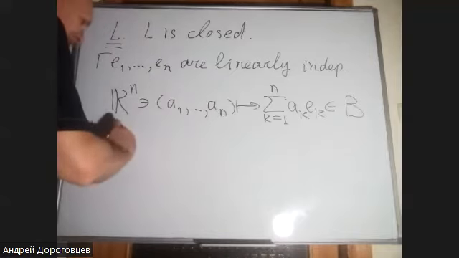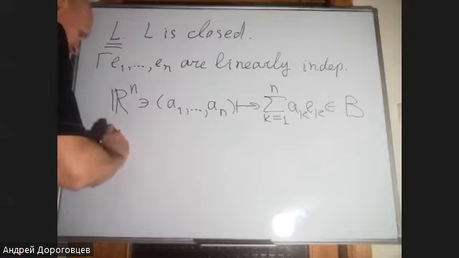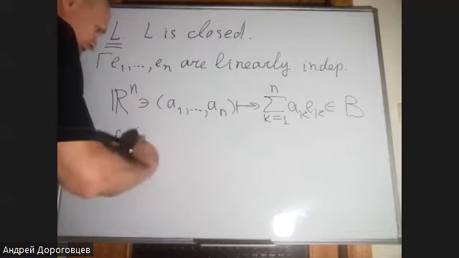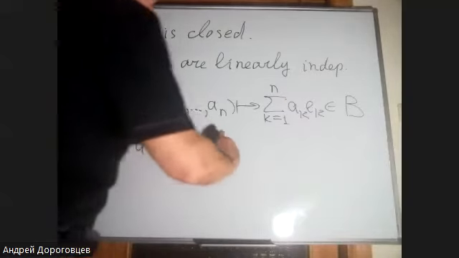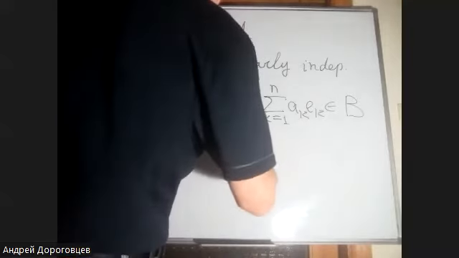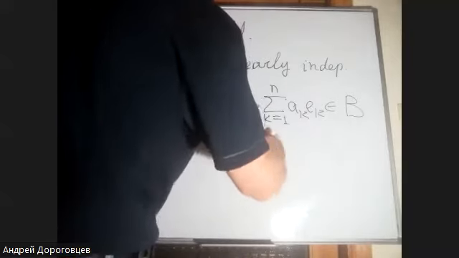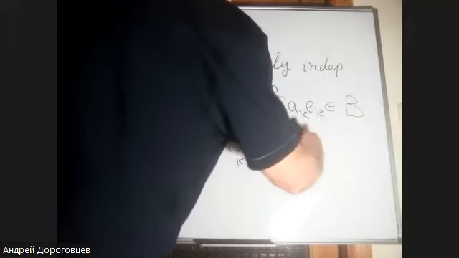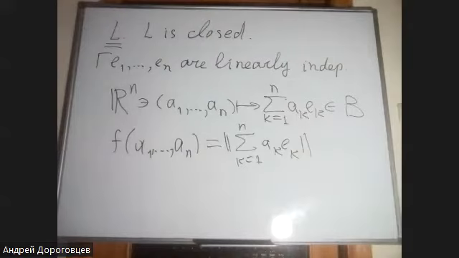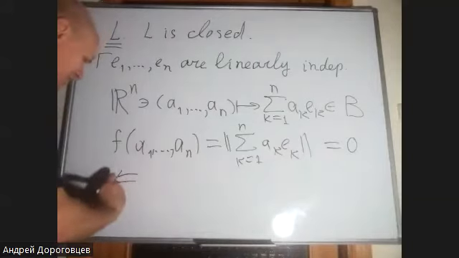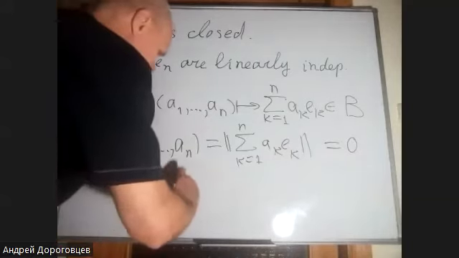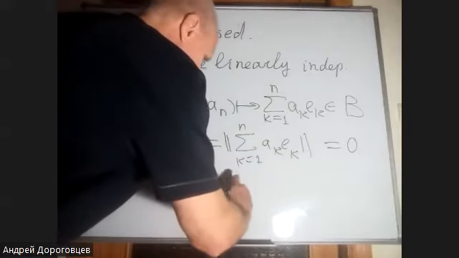Moreover, if I define here a function f of a1, ..., an as the norm of the sum from k equal 1 to n of ak ek, then we know that this function is equal to 0 only if a1 equals ... equals an equals 0.